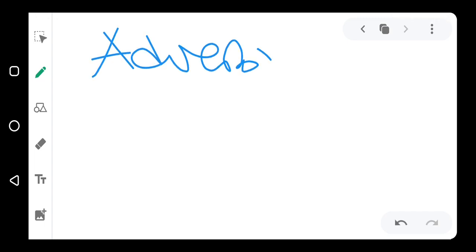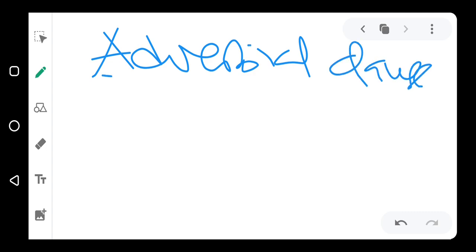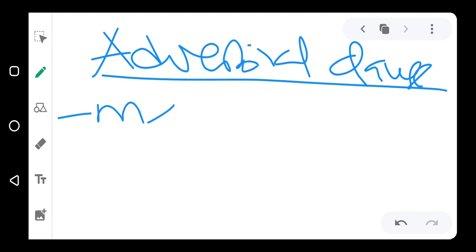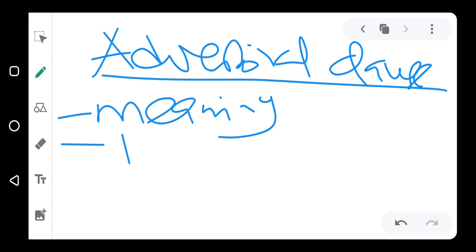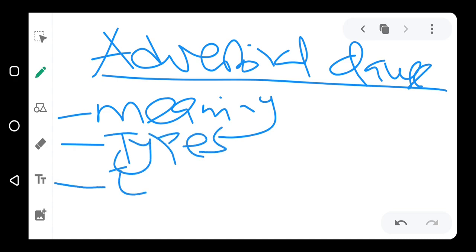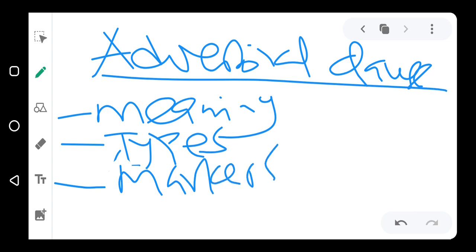So we are looking at the meaning of adverbial clause. We are looking at types of adverbial clause. We're looking at markers of adverbial clause, and we're looking at examples of adverbial clause.